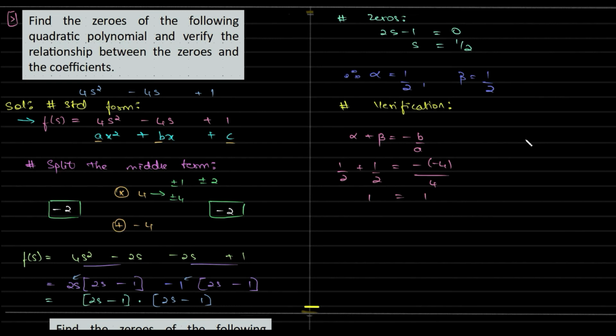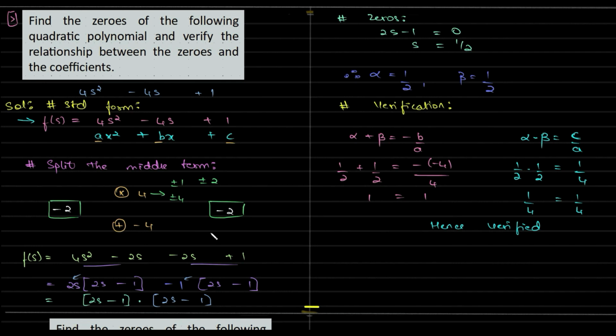Okay, next is alpha into beta is equal to c by a. We just have to verify this. Half into half is equal to, c being 1 and a being 4, 1 by 4. So 1 by 4 is equal to 1 by 4. Quite simple, right? Hence verified.